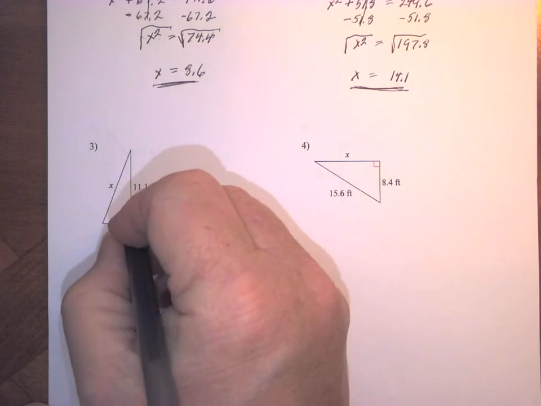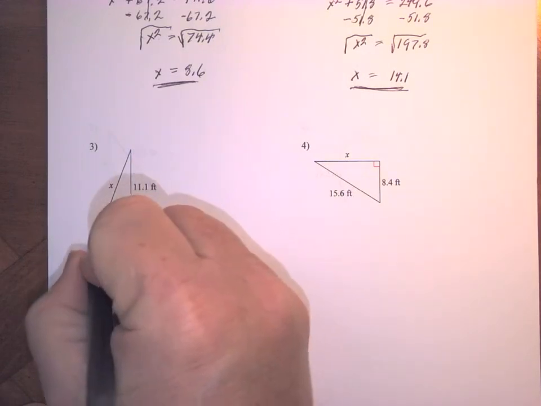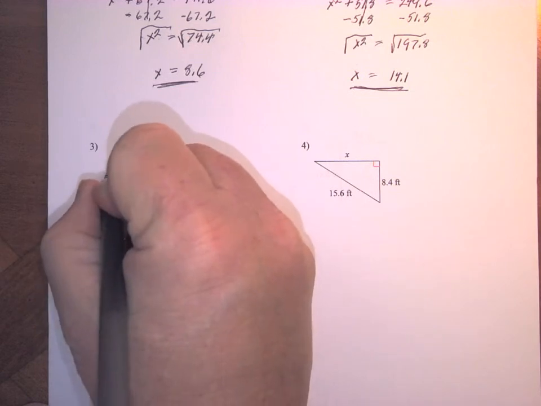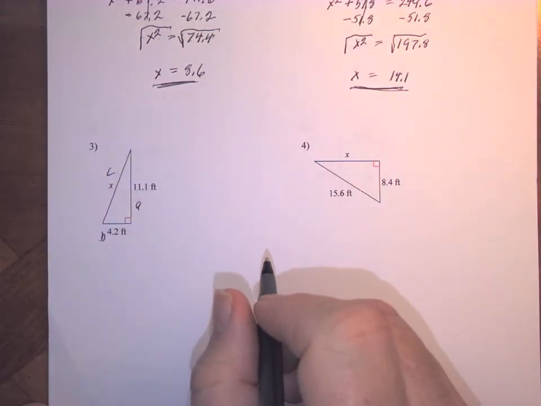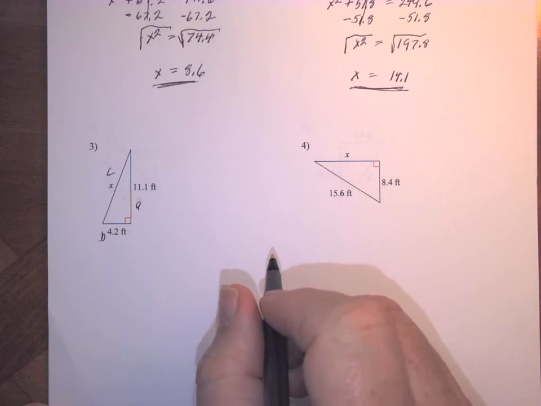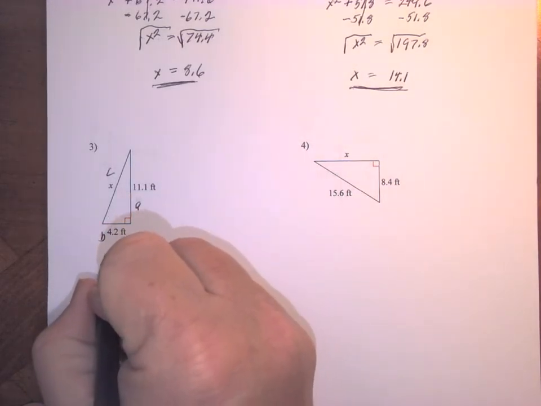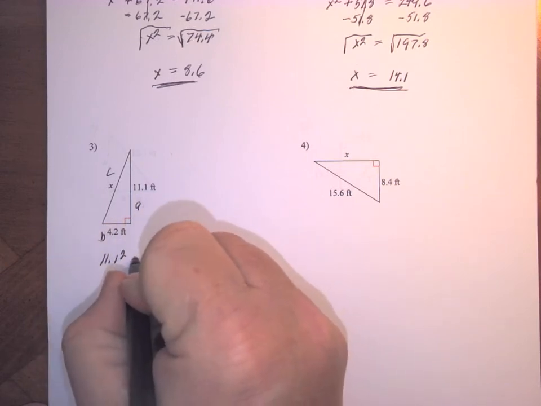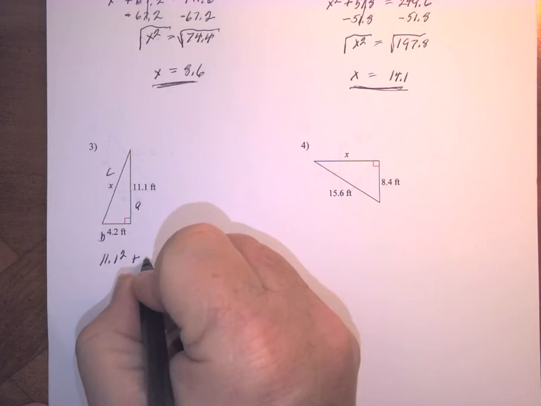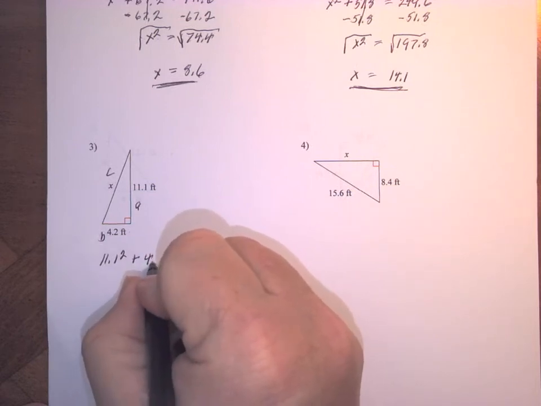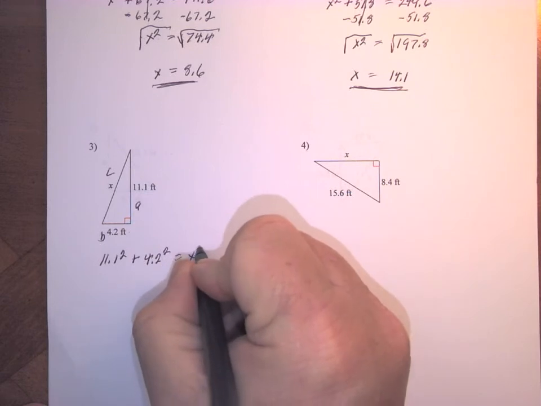Well, number 3, we've got A, we got B, and we're looking for C. So this is just a straight use of the Pythagorean Theorem. 11.1 squared plus 4.2 squared is equal to x squared.